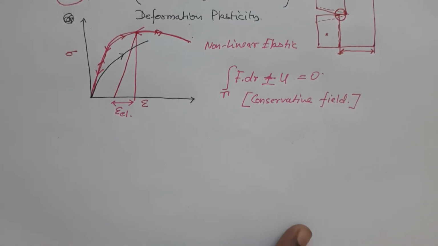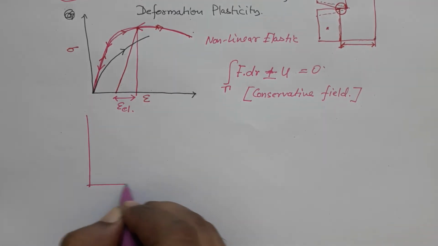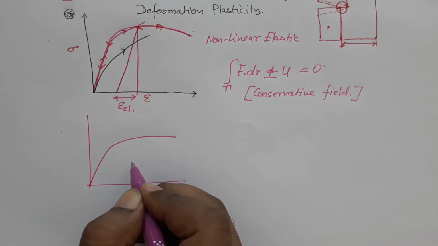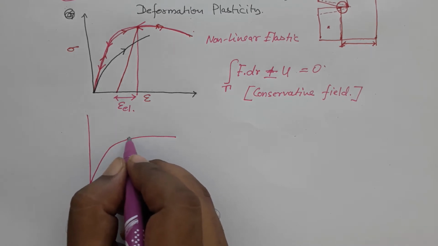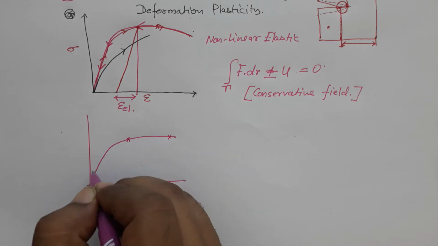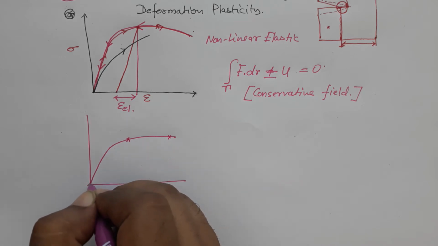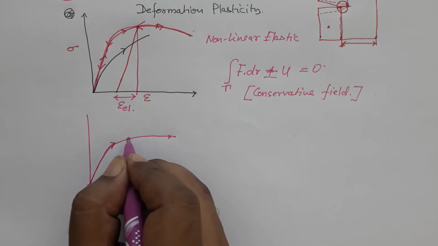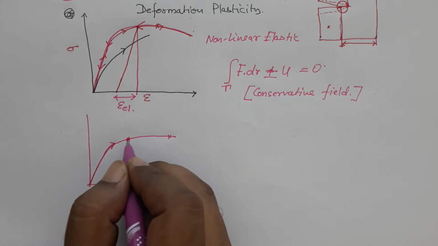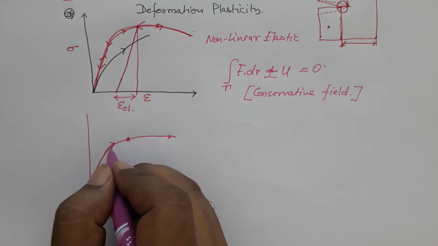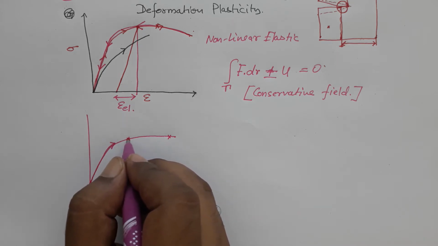So in plastic deformation, if I say that I have a non-linear elastic deformation, so if I am here or here, it does not matter what path I have taken. If I unload, I will come back to that, right? So if I have loaded it like this and I went to that point and then I unloaded it, it does not matter whether I load it or unload it, it will be at the same point.